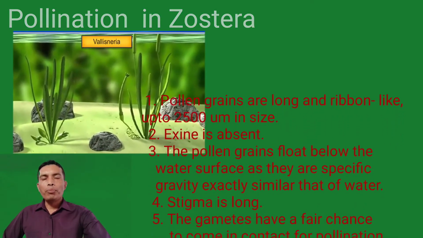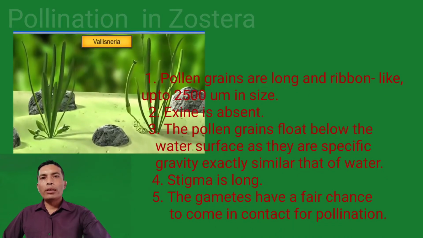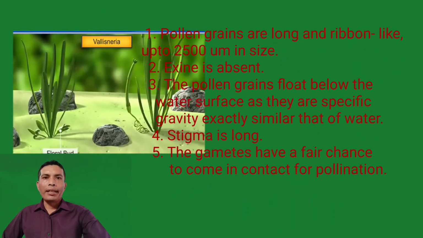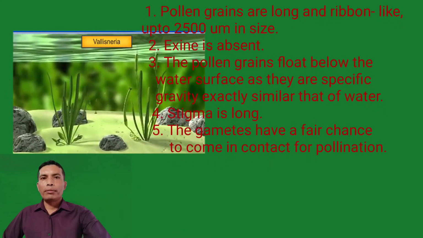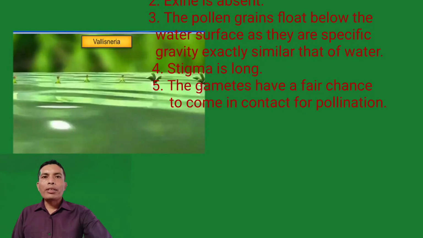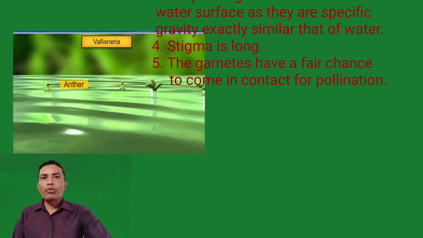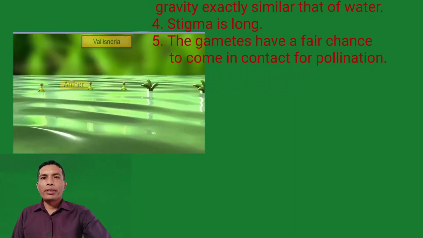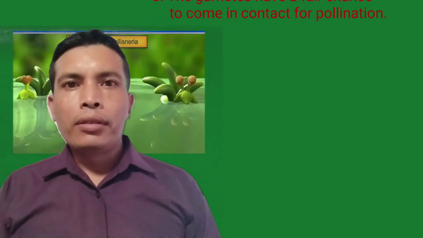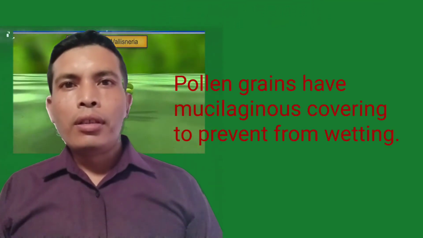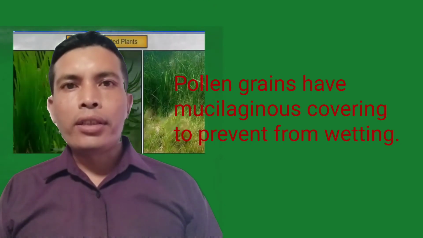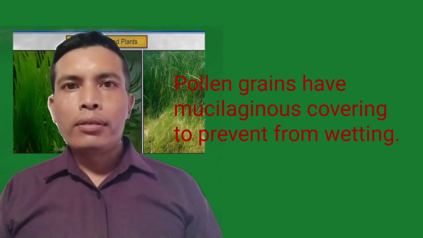The filamentous pollen grains float below the surface of the water as they have a specific gravity exactly similar to that of water. Stigmas are quite long. The gametes have a fair chance to come in contact for pollination. Such plants have a mucilaginous covering on the pollen grains to prevent wetting by water.